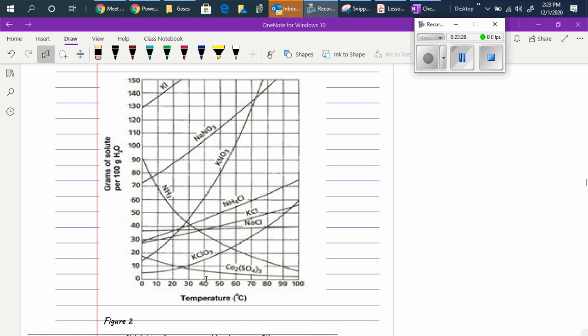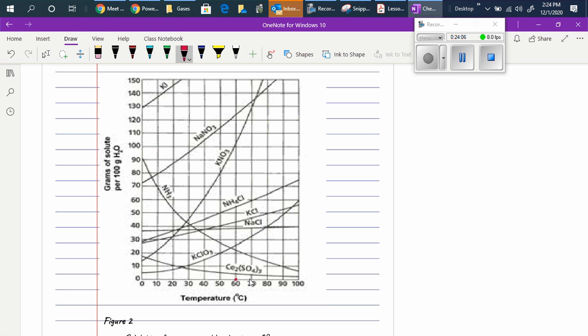This graph here is more complex because we have more compounds that we are dealing with, and we are looking at the solubility that they have at different temperatures. So now, when we are looking at the solubility of ammonium chloride at 60 degrees Celsius, we will go to 60 degrees Celsius. This is what the question is asking for.